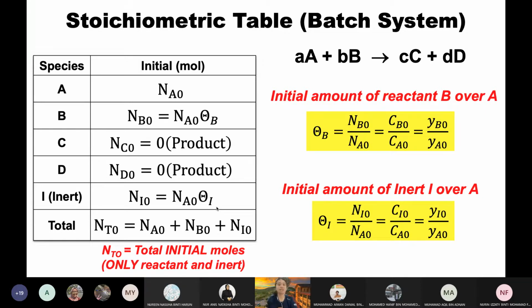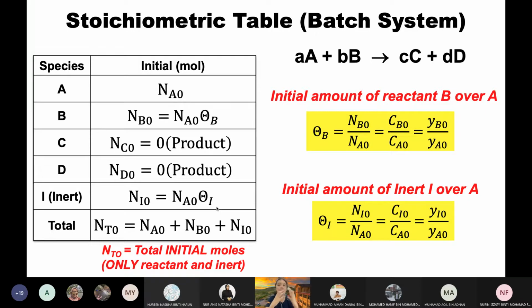Okay, so contoh katakanlah case dia, let's say I give you your system, you have A, B and inert. Okay, let's say I tell you is 30% A, 30% B, then tinggal baki 40% inert. Mole percent. So maknanya dalam our system tu ada 30 mole percent A, 30 mole percent B, 40 mole percent inert. So berapa theta B?